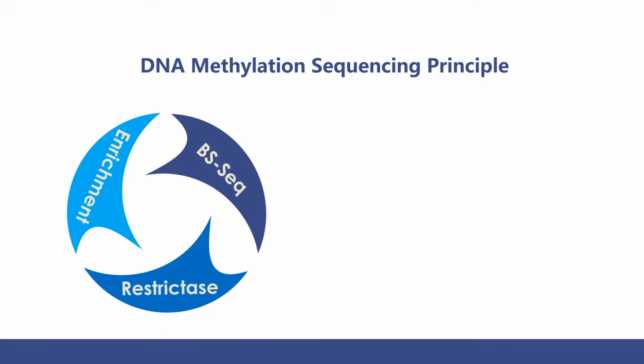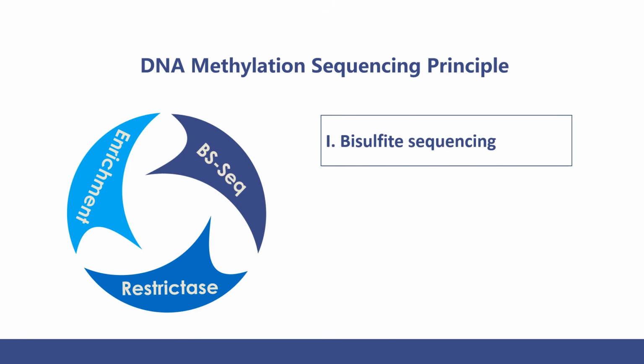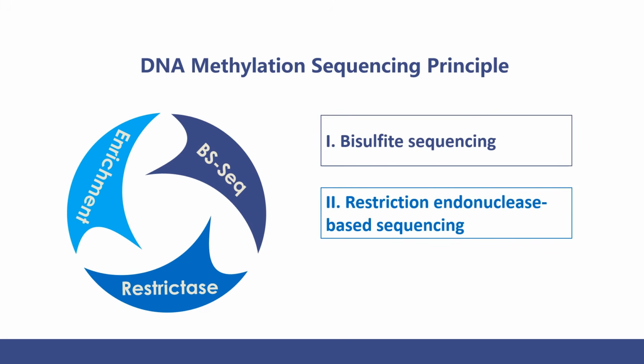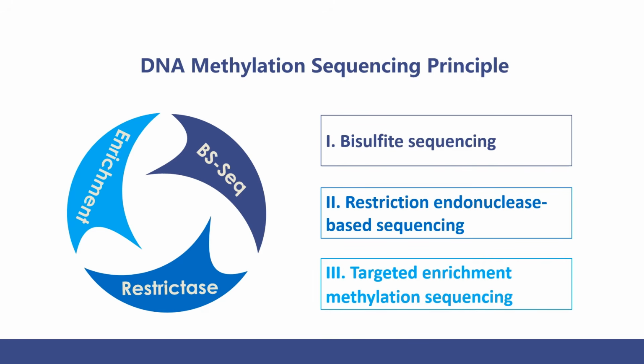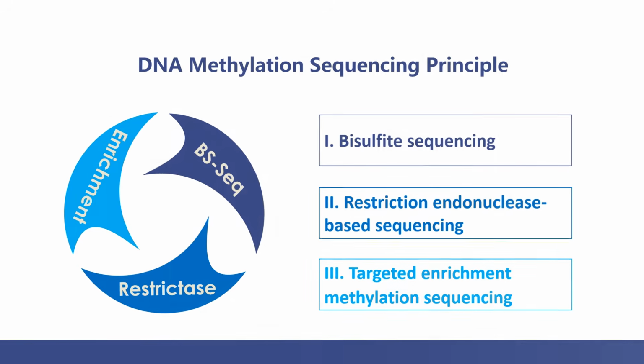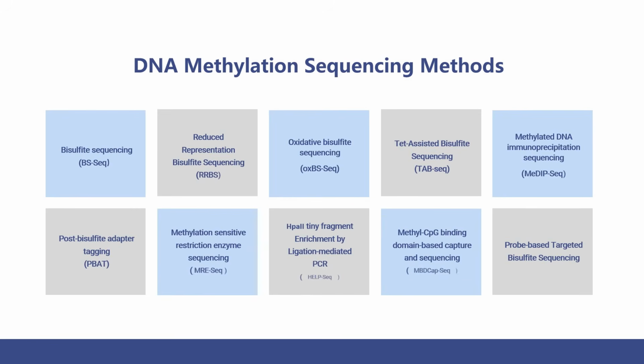DNA methylation sequencing methods can be divided into 3 main categories according to their principles. 1. Bisulfite sequencing. 2. Restriction endonuclease-based sequencing. And 3. Targeted enrichment methylation sequencing. A variety of different sequencing methods have been derived based on these principles.